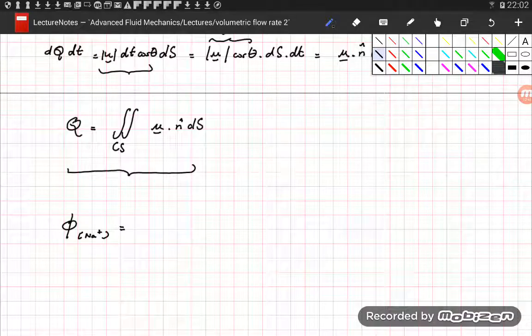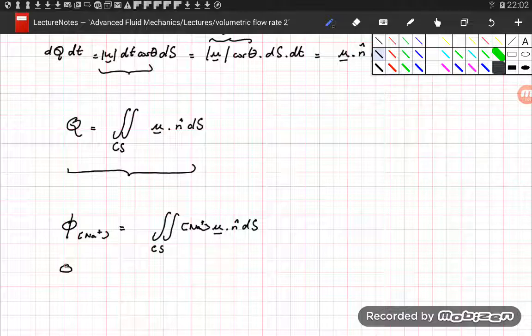Well, that would simply be, through our control surface S, the double integral throughout control surface S of the volumetric flow rate. So this is how much volume goes through the small element ds times the local concentration of sodium ion.